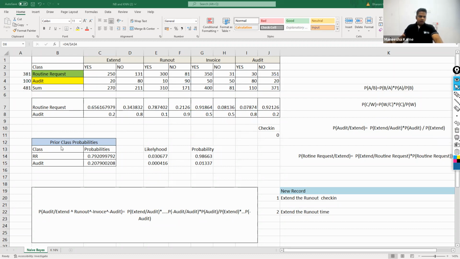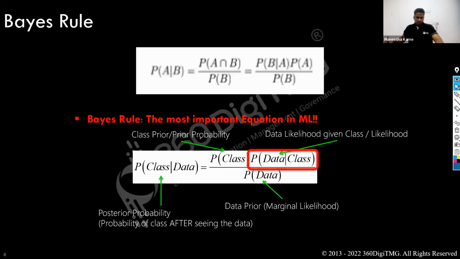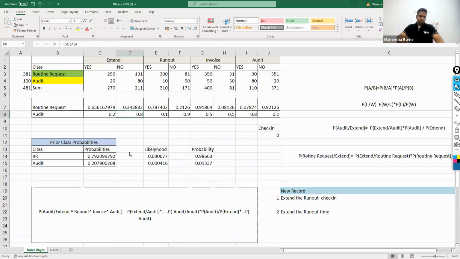Then we also need to calculate prior class probabilities. What do you mean by prior class probabilities? Prior probability is equal to the probability of, for example, audit or routine request. A3, how many routine requests do you have out of overall requests?